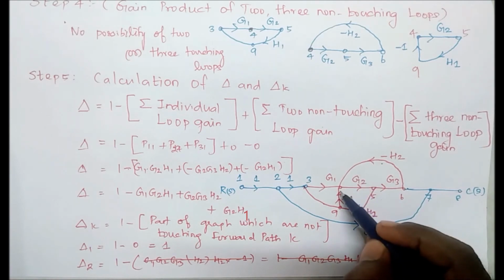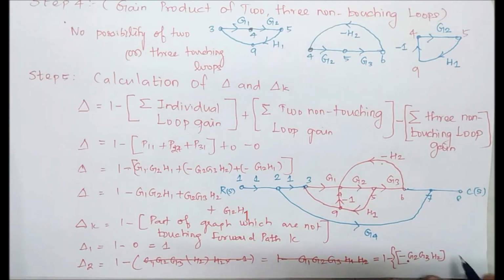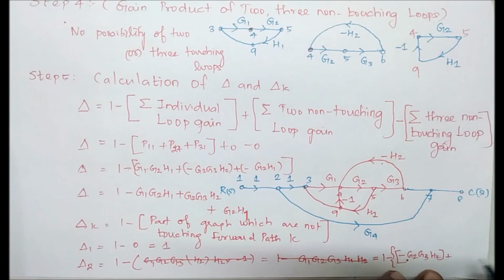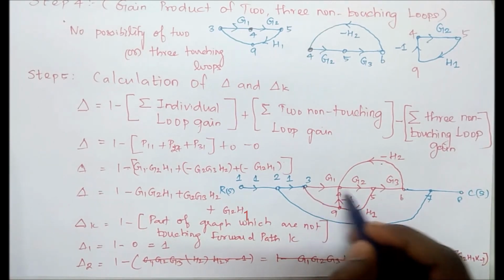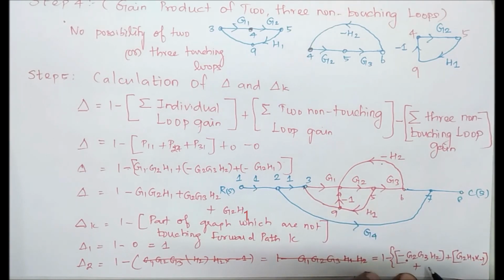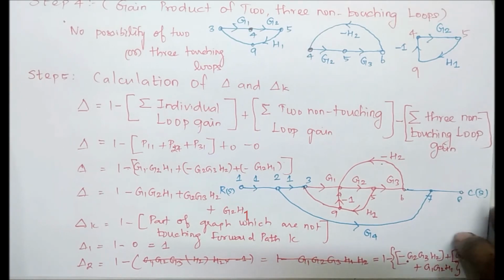Next loop, this is the next loop. Therefore plus G2 into H1 into minus 1. Plus next, this is the next loop. Its gain is G1 G2 into H1.